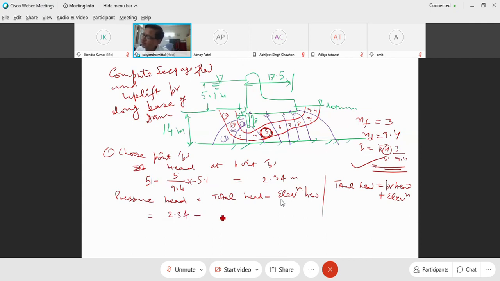minus elevation. You see, this is the datum. The tailwater level is always considered as the datum level. So from the datum, this point B is at 1.5 downwards.